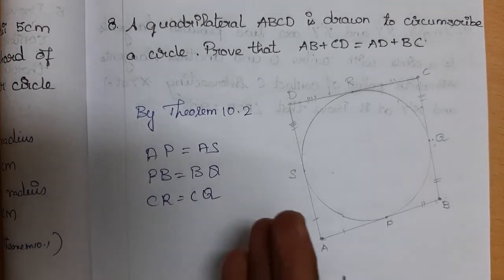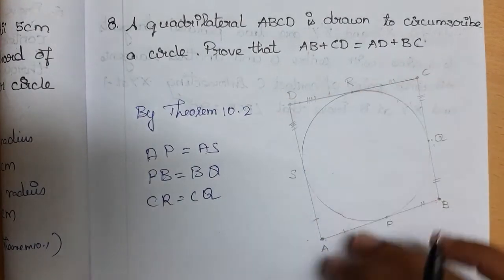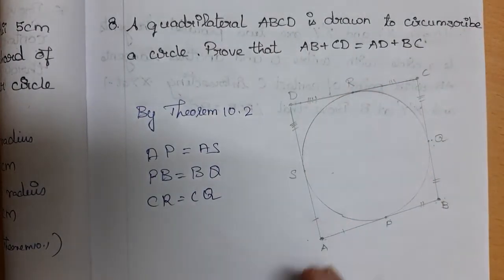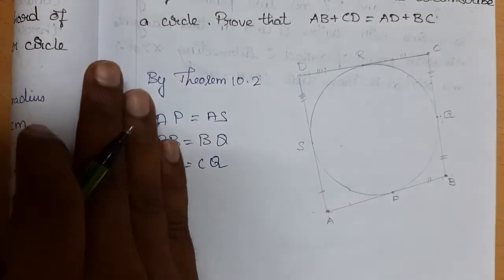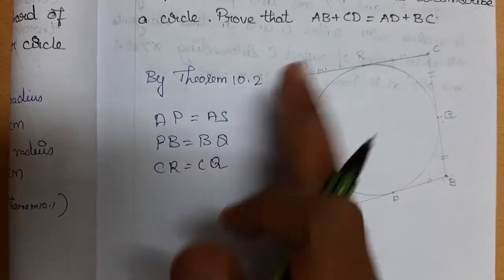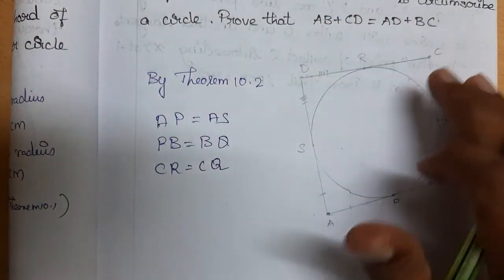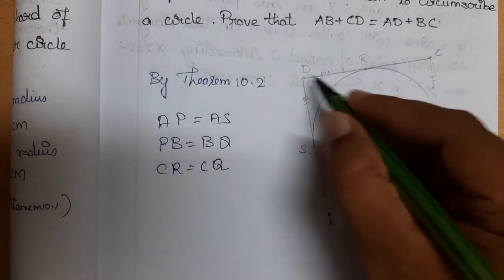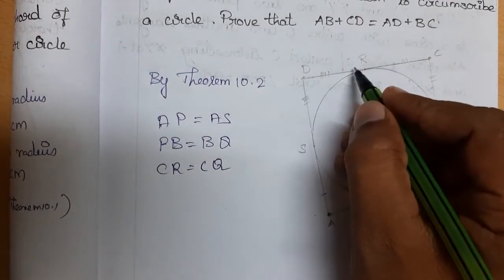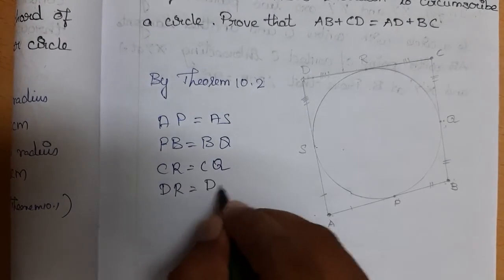Don't write CQ is equal to CR, because we are adding this side and this side in the left-hand side. So let this side be in the RHS and this side in the LHS. According to our proof, AB and CD, the top and bottom, should be in the LHS and the rest in the RHS, right? And here we can say that DR is equal to DS.